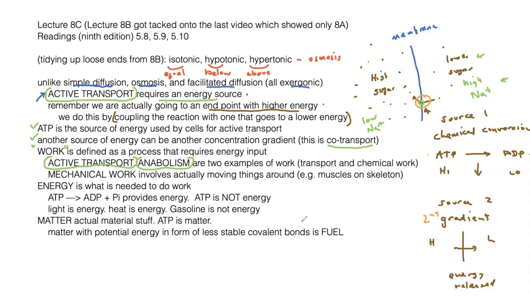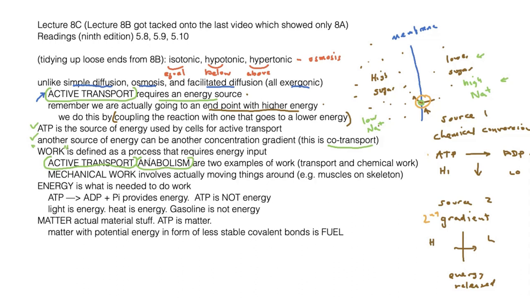The opposite, catabolism, involving hydrolysis, we end up with molecules that have a lower energy state than what we start off with, and therefore catabolism would not be an example of work. It would release energy, it would be exergonic, and therefore you wouldn't need to throw energy in, right? Anabolism is work. It requires energy.